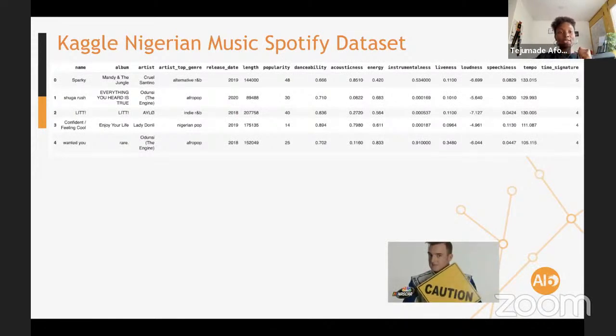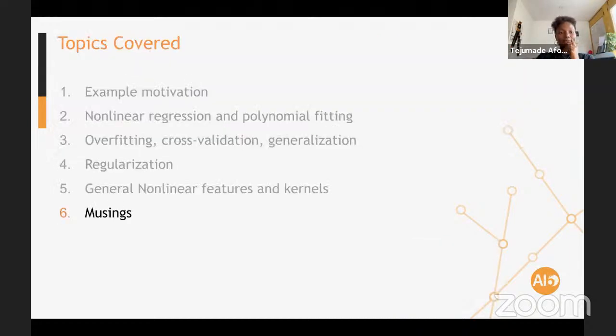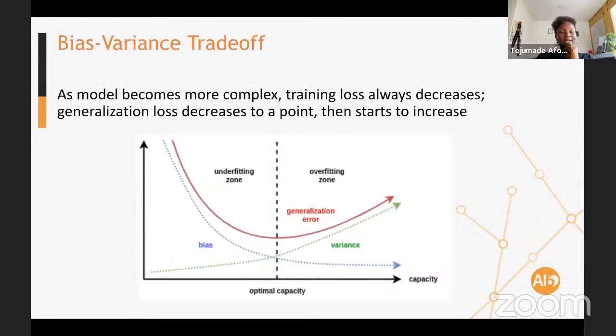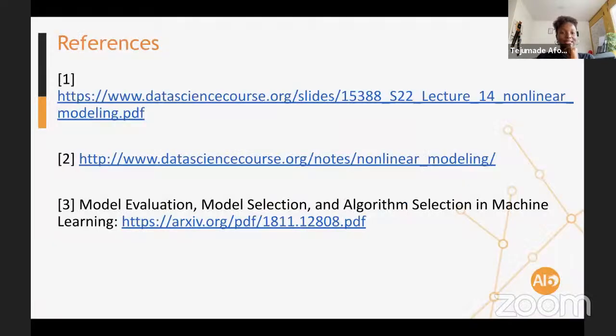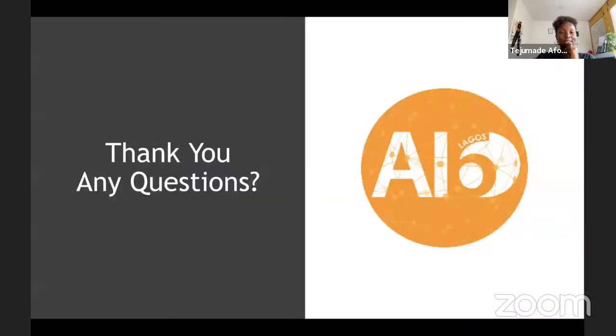And we can also do much more. Instead of just using one feature to train the machine learning model, we can try to use all of the features, right? Multivariate. So you should think about extending that, but be cautious. I'll skip over the musings for now, but this is the end of my presentation.